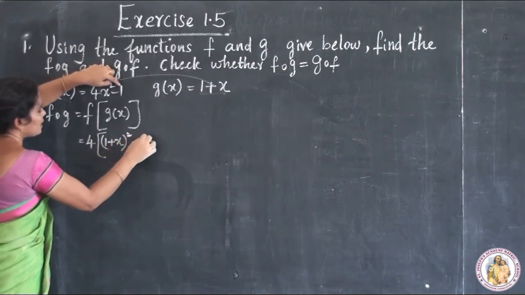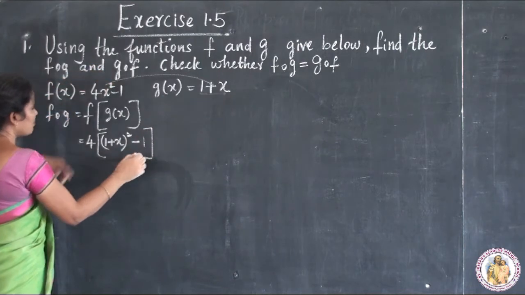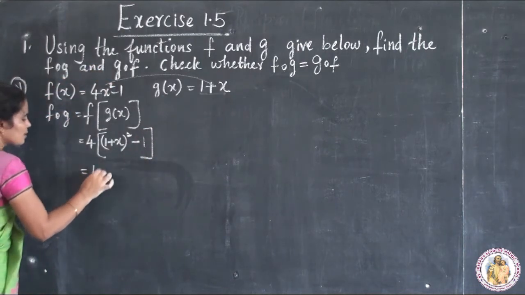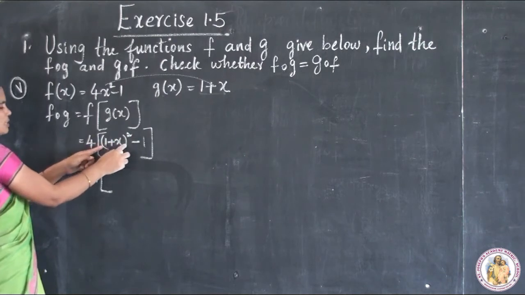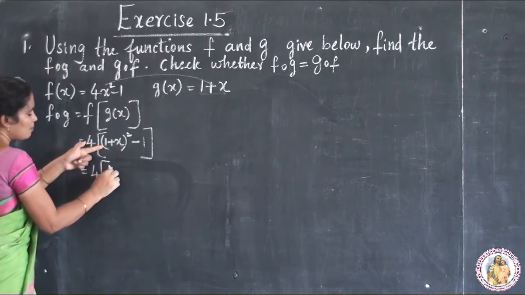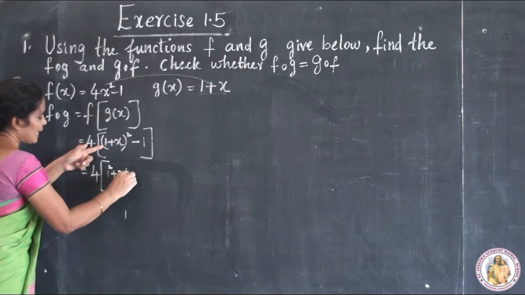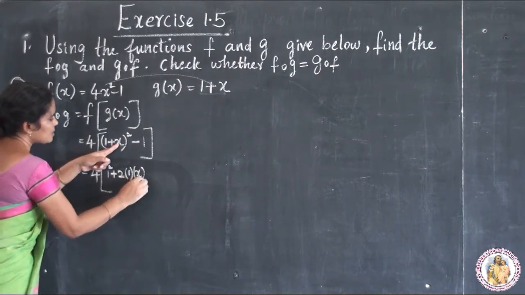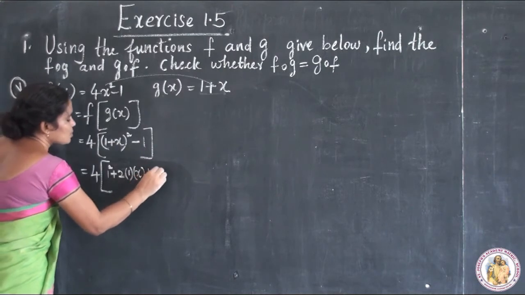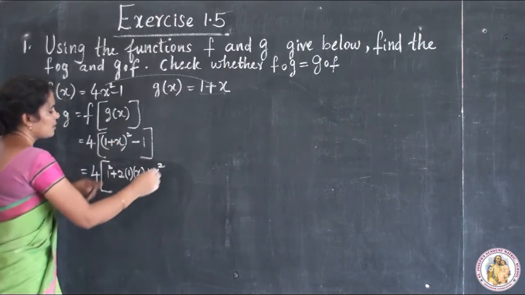Square minus 1. Okay. So 4 times (1 plus x) whole square, that is (a plus b) whole square: a square plus 2ab plus b square. a is 1 and b is x, so b square is x square.